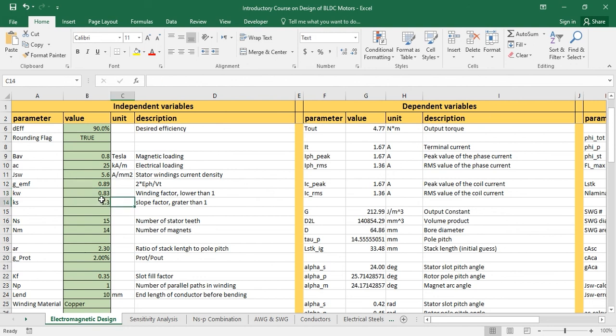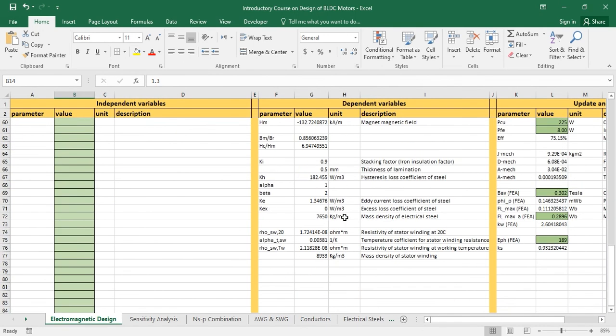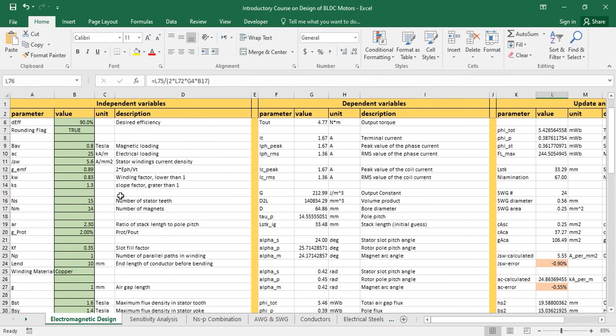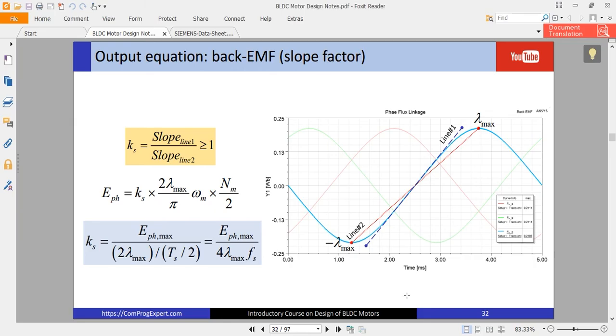So in this step I suppose proper numbers for winding factor and slope factor. Then I design the motor, and after finite element calculations, I calculate the winding factor and slope factor and update them here, and do it iteratively to update the design.